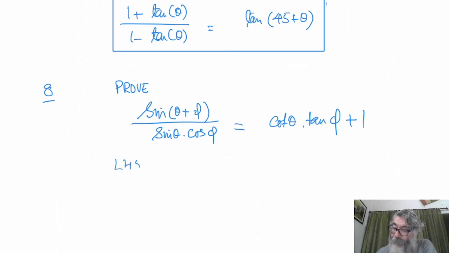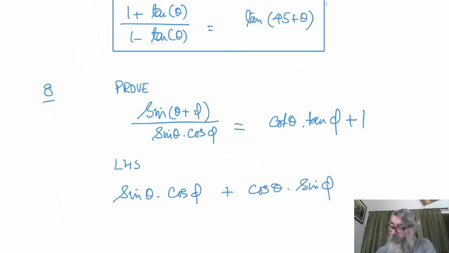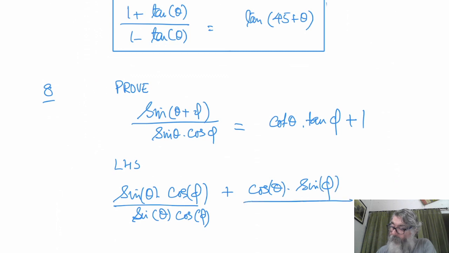On left hand side, I have got sine A plus B. Sine A plus B means sine A cos B plus cos A sine B, and it has to be divided by sine theta cos phi, and also this side by sine theta cos phi.